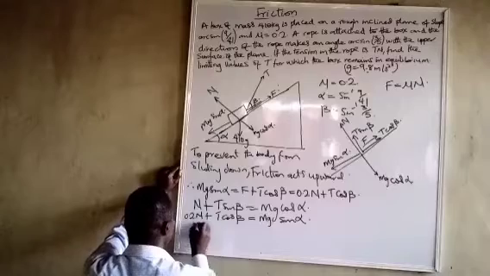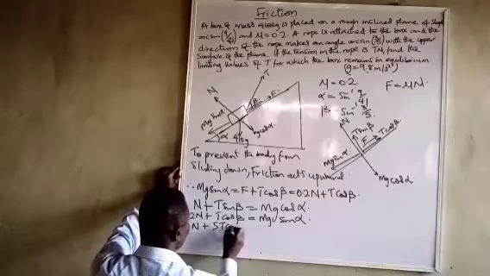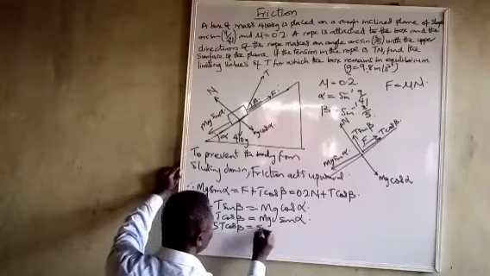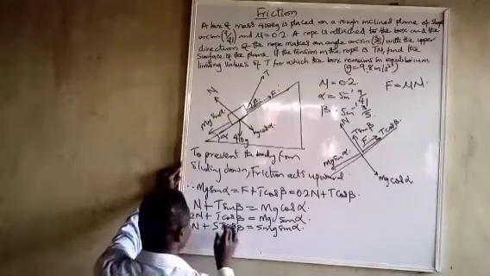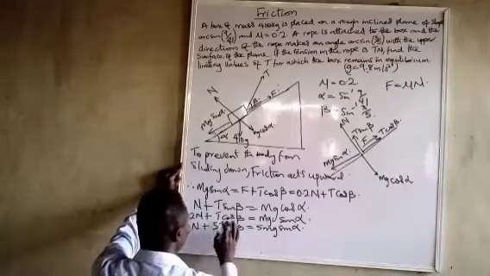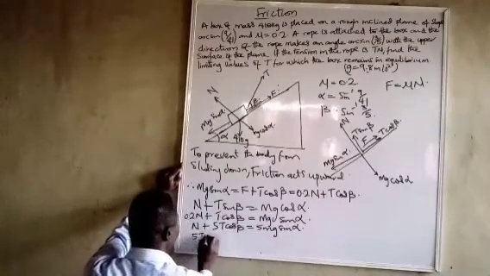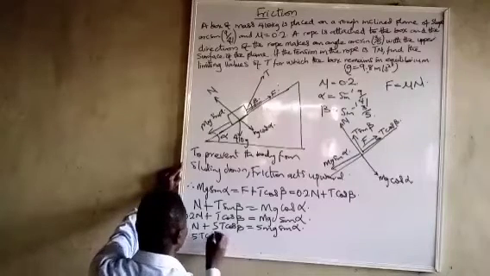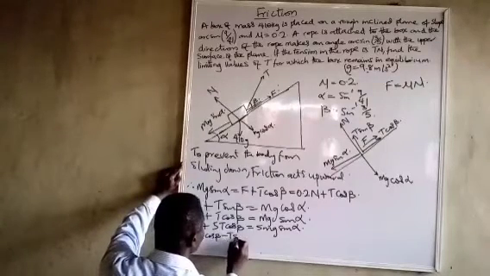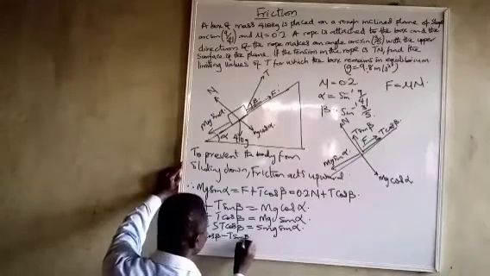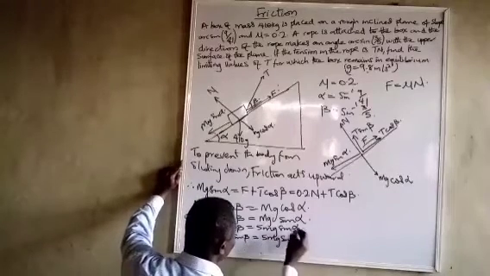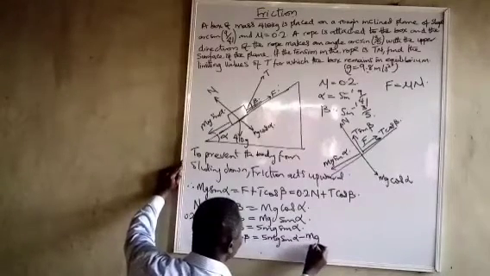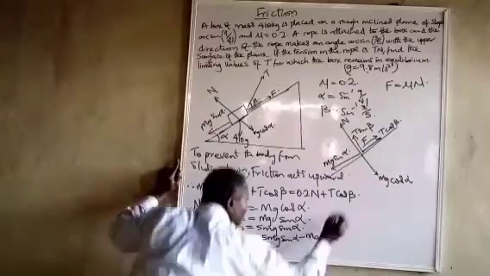So let me make it N plus 5T cos beta is equal to 5 mg sine alpha. Subtracting this from this, I'm going to have 5T cos beta minus T sine beta equal to 5 mg sine alpha minus mg cos alpha.